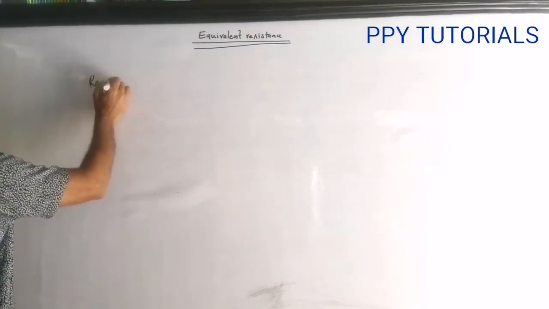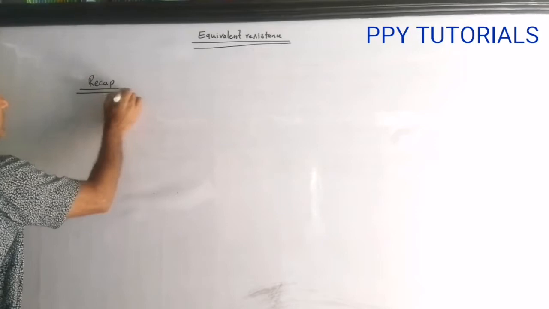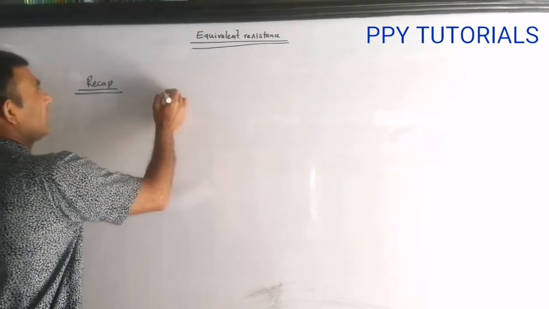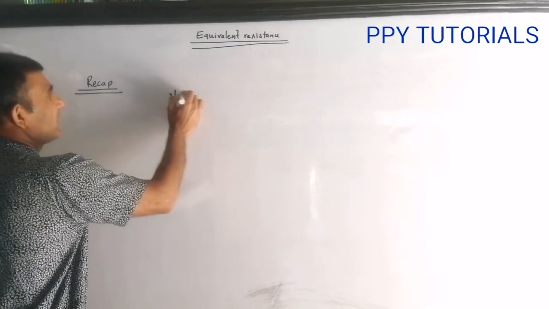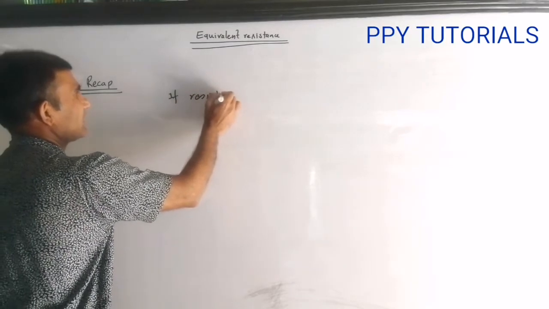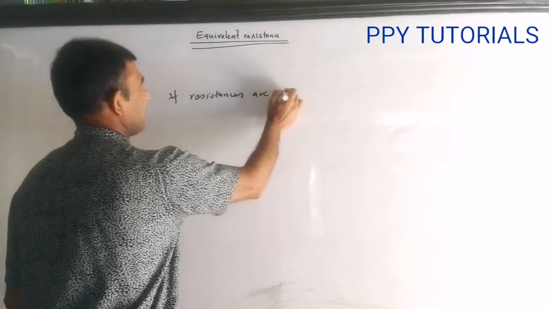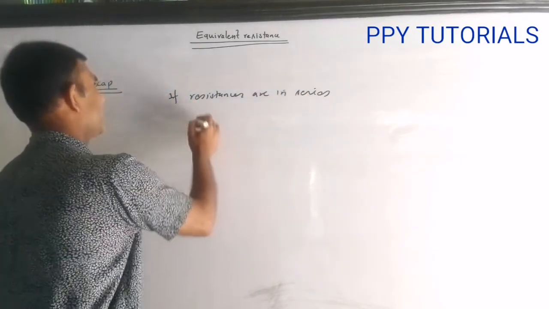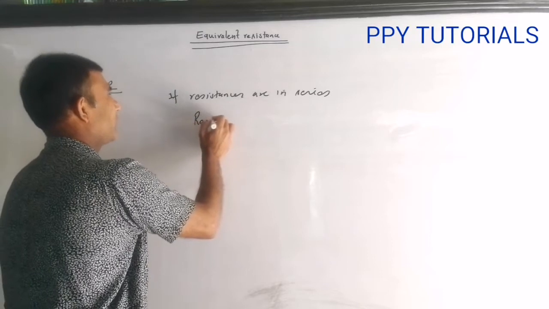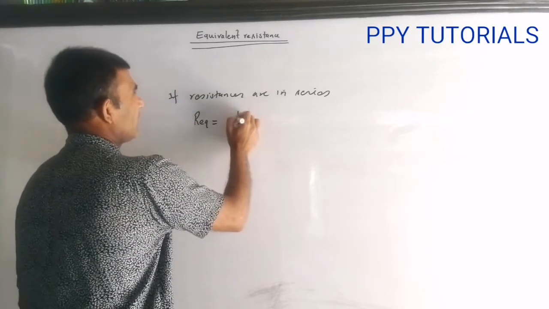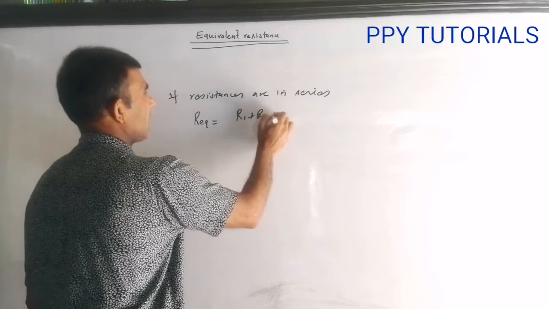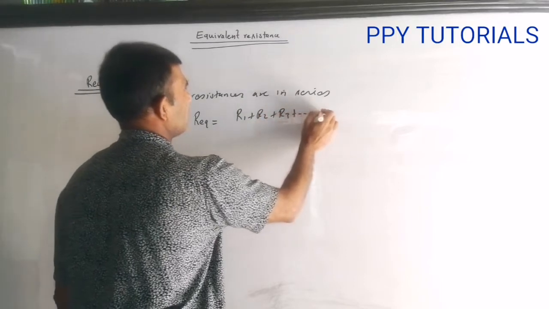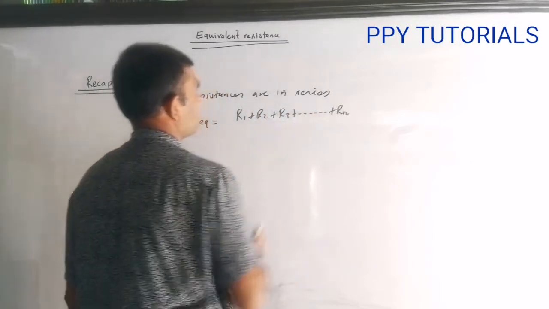What do we need to solve a numerical problem on equivalent resistance? First, if resistances are in series, then the equivalent resistance will be equal to R1 plus R2 plus R3, and so on, up to Rn.